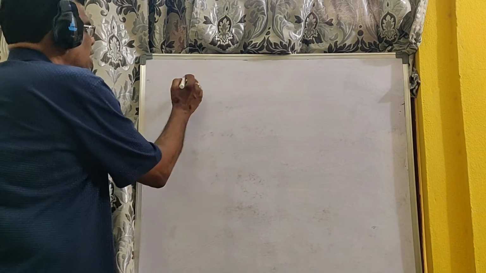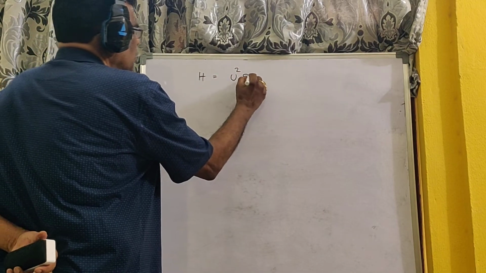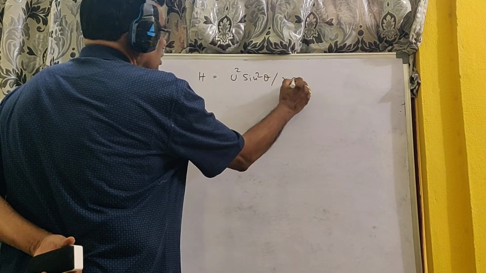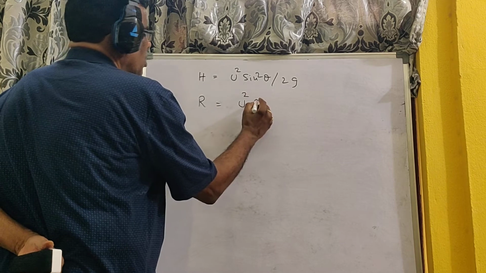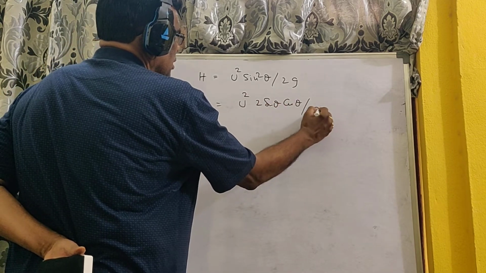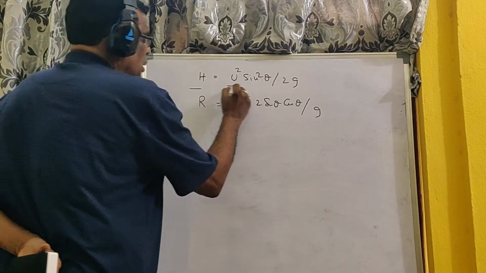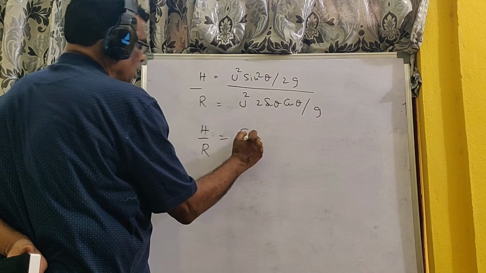But one good thing here is, h is equal to u square sin square theta by 2g, r is equal to u square 2 sin theta cos theta by g. Suppose I take h by r. What do you get for h by r?